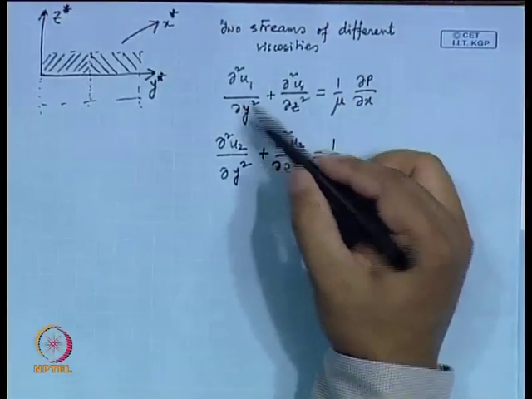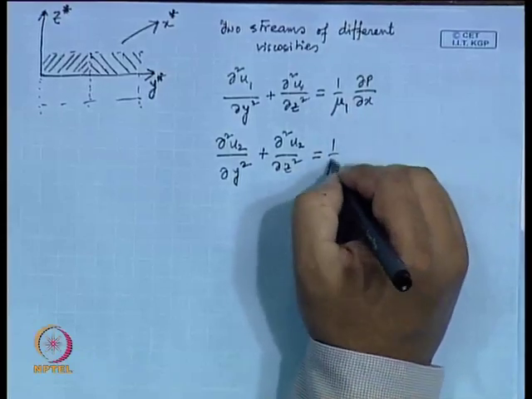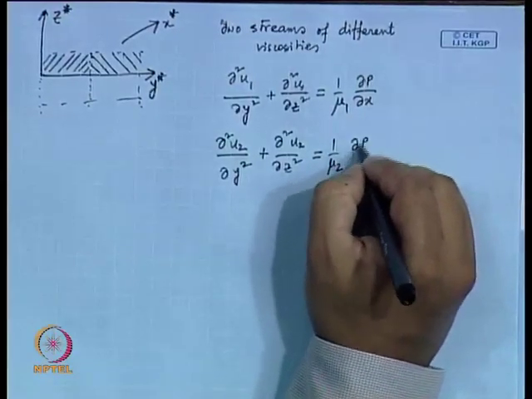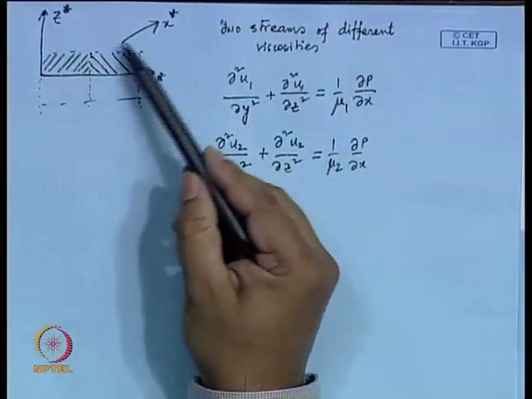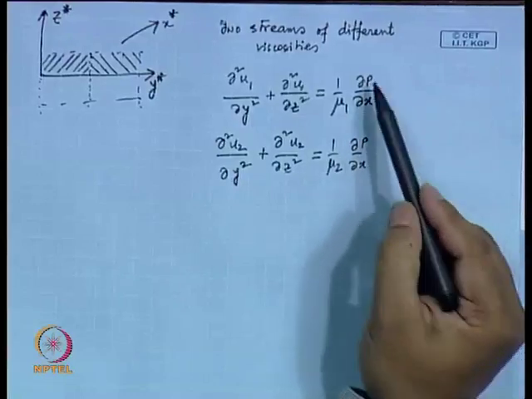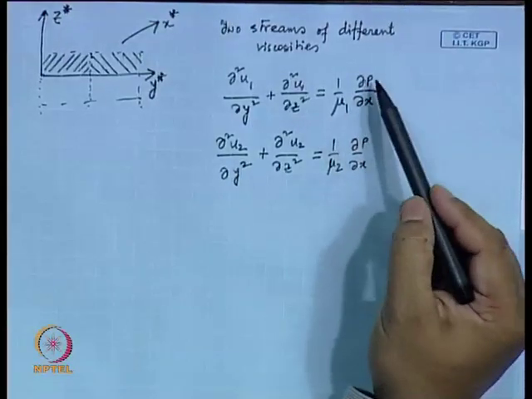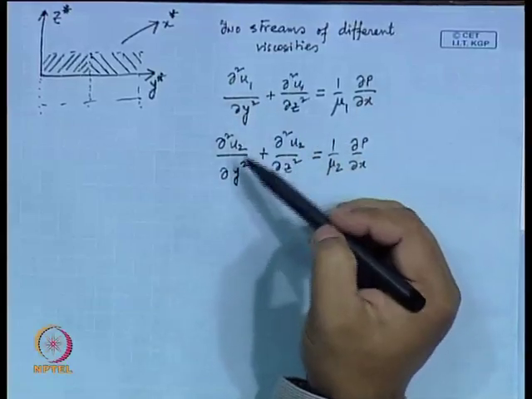Since we are writing it as 1 and 2, I write this as 1 by mu 1 and this as 1 by mu 2 del p del x. Mind that the pressure as a function of x remains the same. There isn't P 1 and P 2, the pressure gradient del p del x remains same, but u 1 and u 2 would be different.